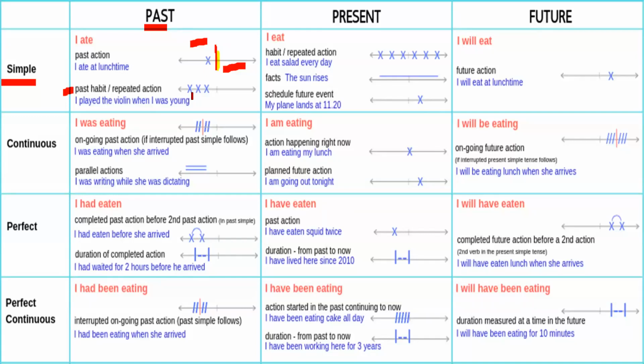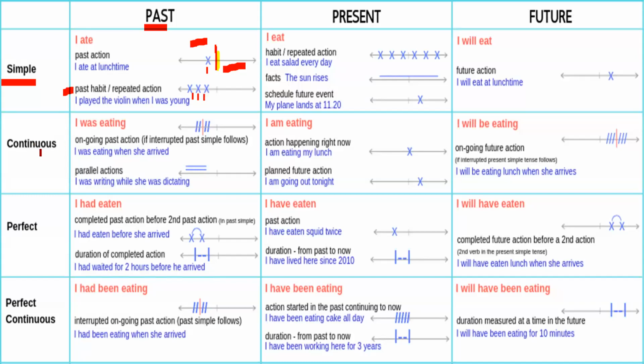This is a repeated action in the past, and this is a simple action happened in the past and ended. I ate at lunchtime and finished. Or repeated actions in the past. This is the first one.